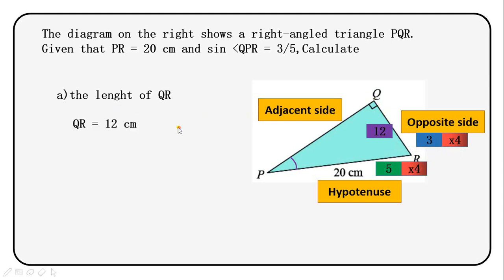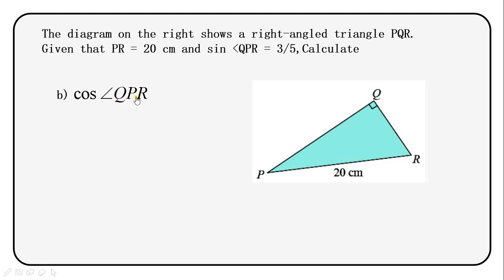So the answer is 12 cm. Okay. From this, sine is opposite over hypotenuse. So 3 is opposite, 5 is hypotenuse. Then look at the actual length. Then you will get the answer. Okay. The idea.